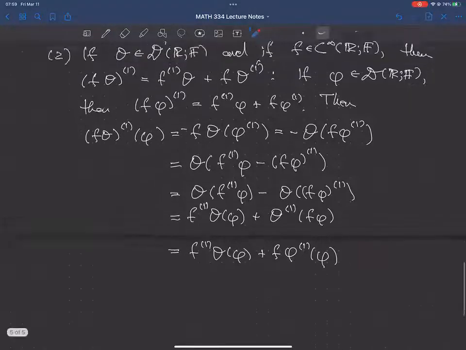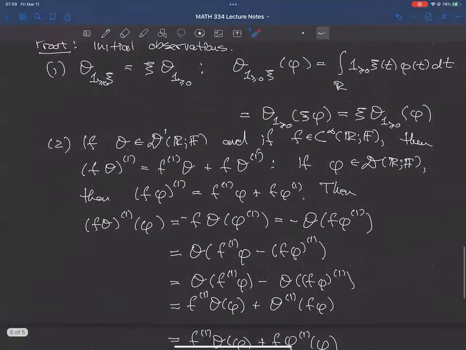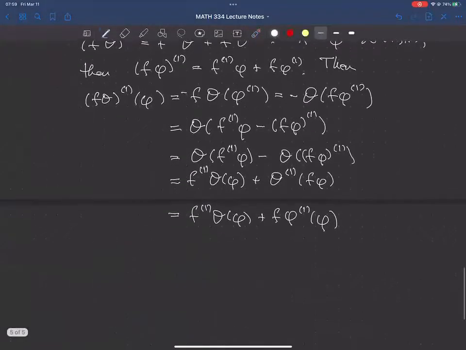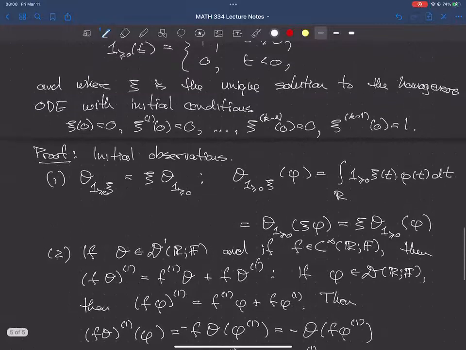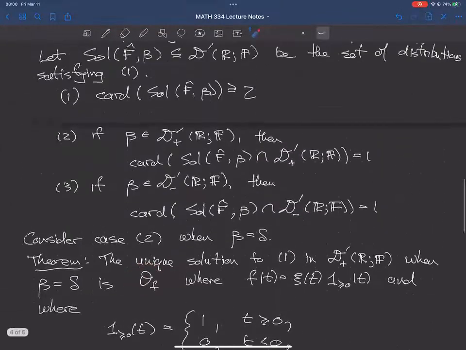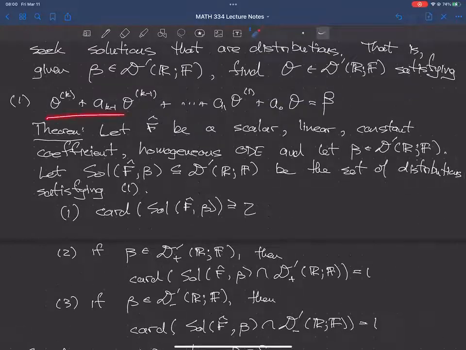Okay, all right, so there's a couple of observations that we're going to use in our calculation. Okay, all right, so carrying on with the proof proper. Okay, so what I need to do is I need to show that this distribution satisfies this differential equation with the delta there.